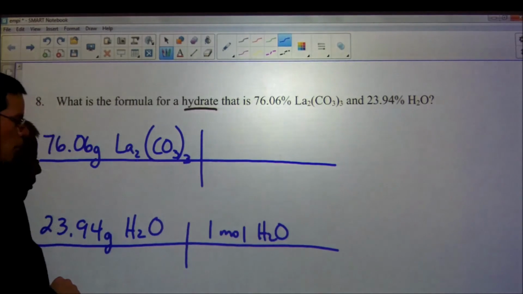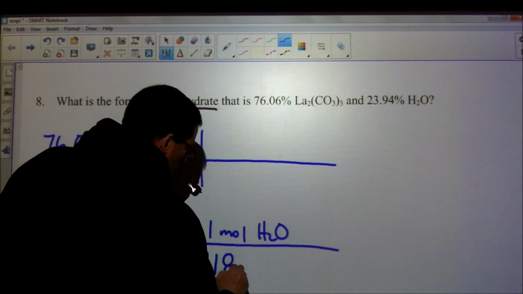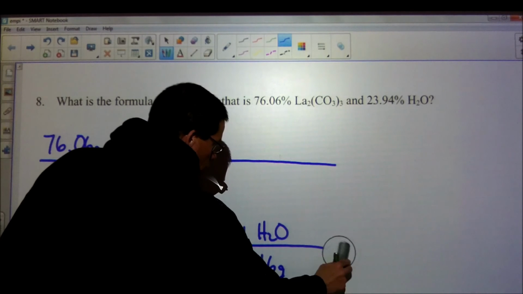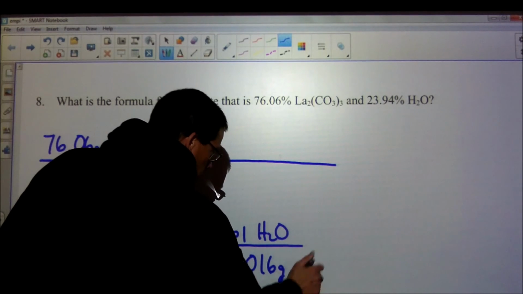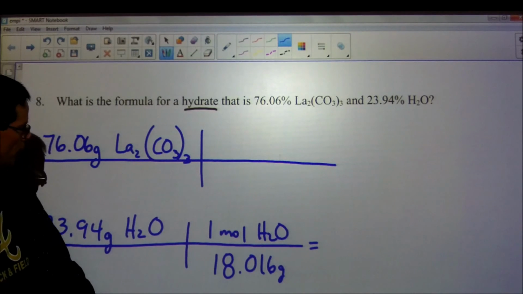And water has a molar mass of 18.016 grams per mole. Once you've worked with water a long time, you'll figure that out real quick. But this one, that one's a little bit different. I'll have to figure that one out.